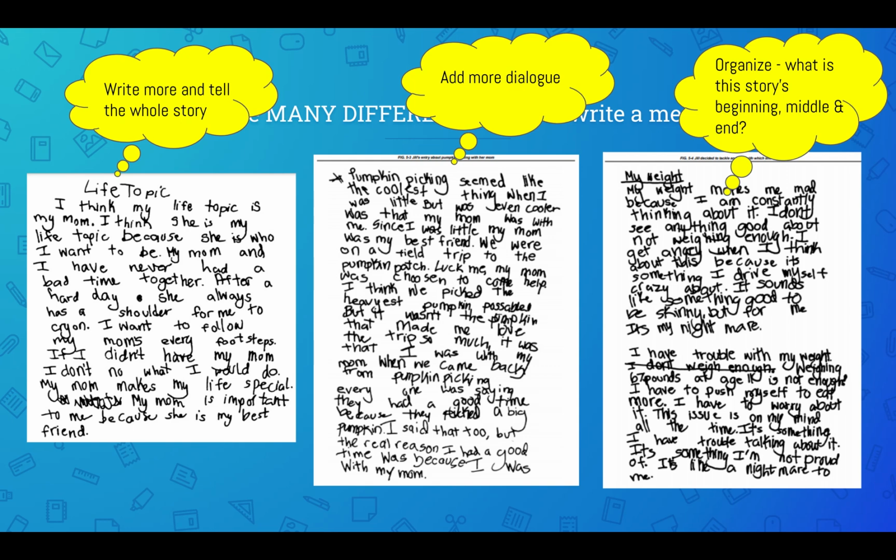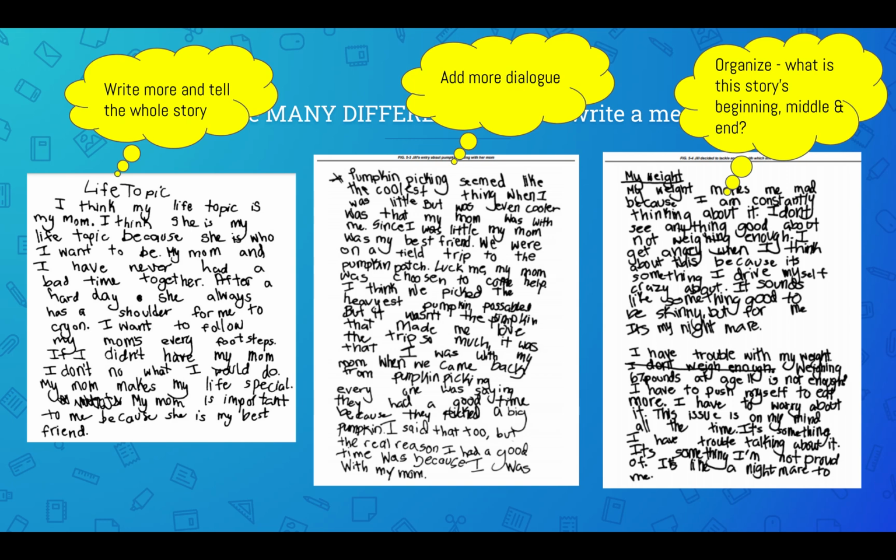So maybe you could start with when she's a little younger, when she first started feeling like this was a problem, talk about what it feels like for her now, and then end with some sort of ending quote, because it kind of feels like she just stops in the middle. So again, organization, I think, is what this one could use to be even stronger.